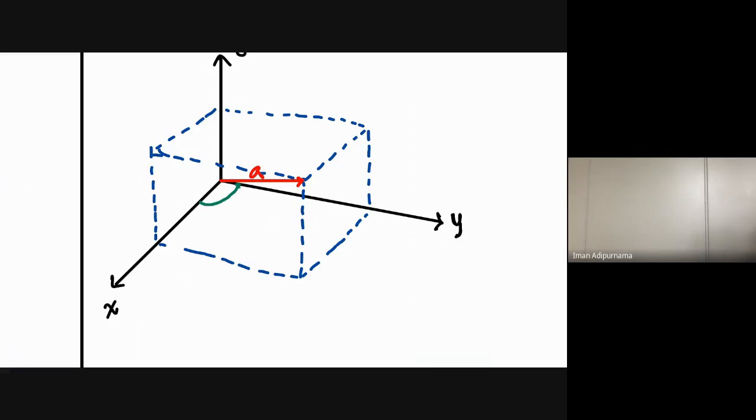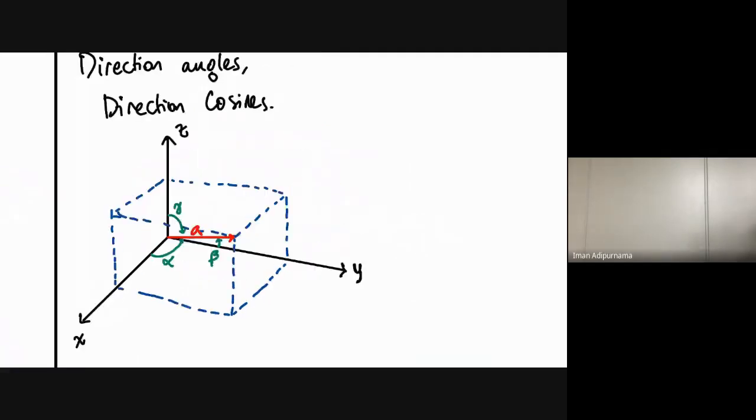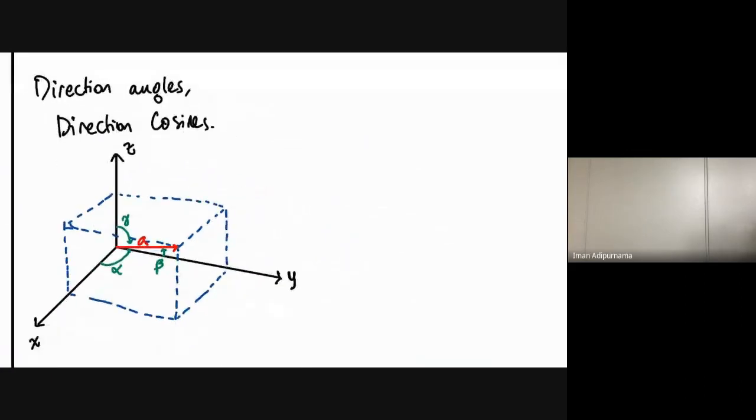So first here is, let's say, alpha from X, and from Y it's beta, and from Z is gamma. Okay, let me write some notes first, and we will go back to the picture.